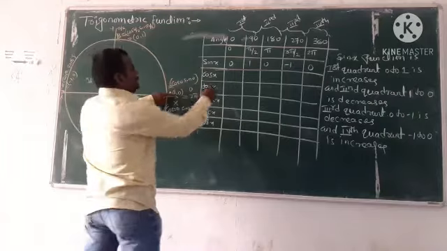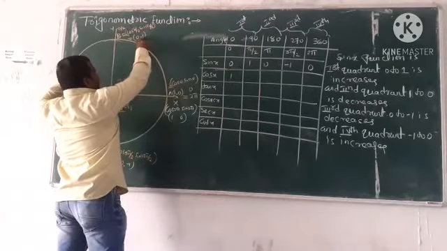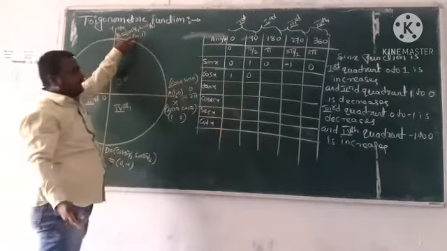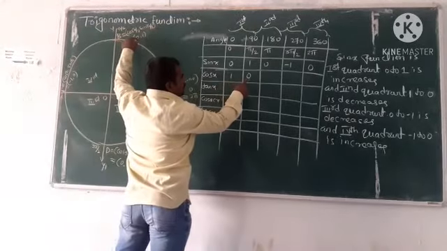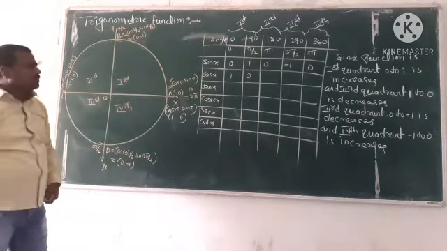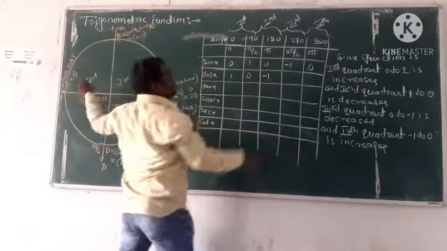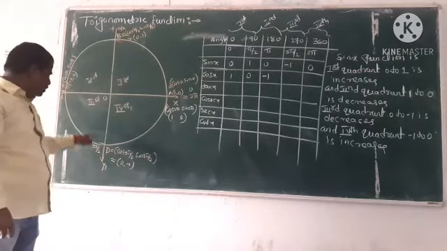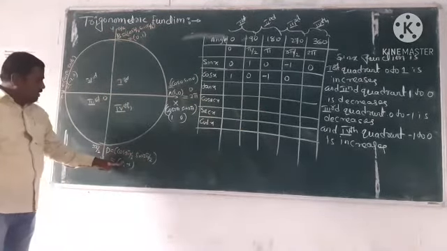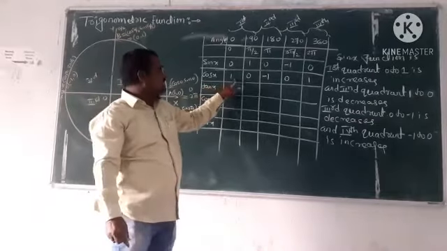Cos x goes 1 to 0 in the first quadrant, so it decreases.